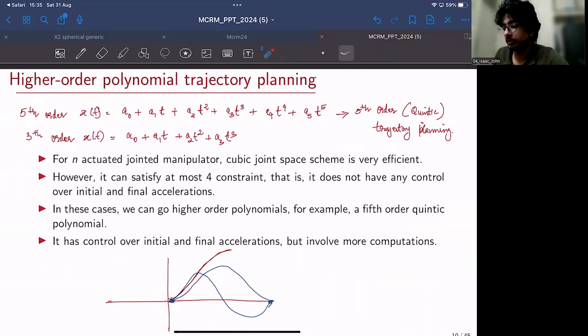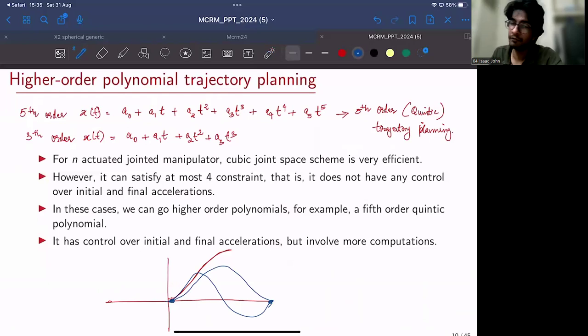So the main advantage is that here there are 6 unknowns. We need 6 equations to solve these 6 unknowns, and the 6 equations can be the initial position, velocity and acceleration requirements, as well as the final position, velocity and acceleration requirements.